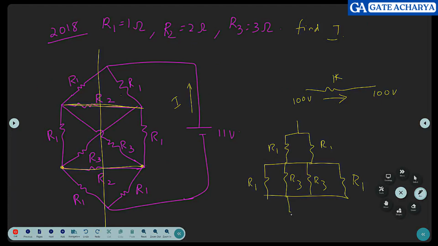Now again two more resistors, R1, R1. See how simple the circuit is. The point to remember is bridge. There are lots of questions on bridge, whichever department you are from. We solved some time back one question, and this is another question. I can show you some more.